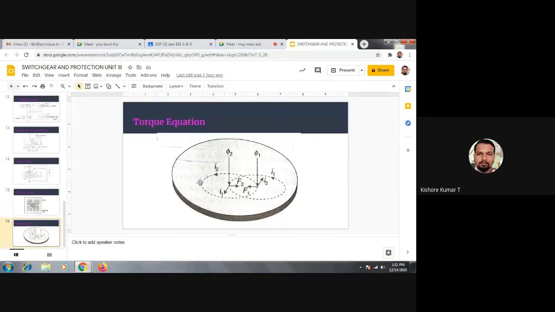So this is about induction relays. Now we will move on to the equation of torque, which is set up by the two fluxes.